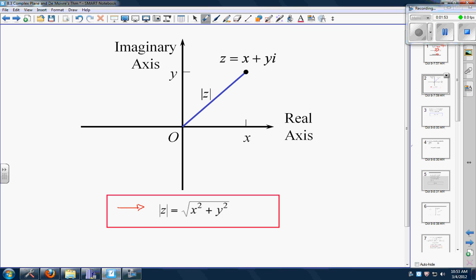Now remember, let's say something's over here, let's call this -6 plus 10i. If you were to find the magnitude of this, this is -6, this is 10. Make sure when you're squaring this, you don't get -36.